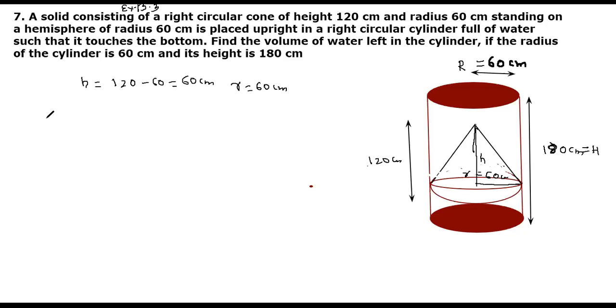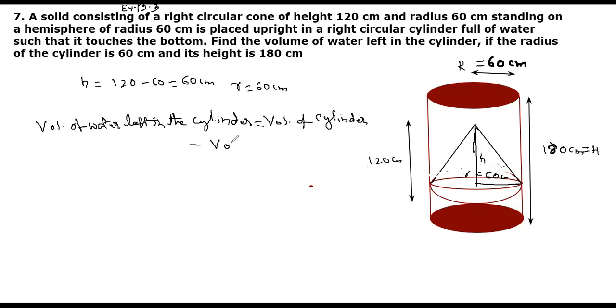Now we can find the volume of water left in the cylinder. The volume of water left in the cylinder will be equal to the volume of the cylinder minus, in brackets, the volume of the cone plus the volume of the hemisphere.